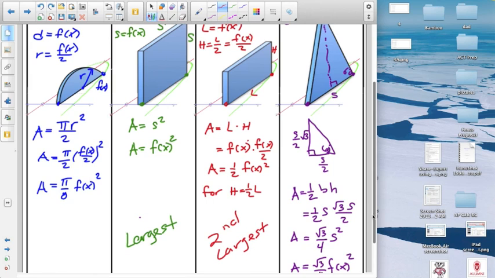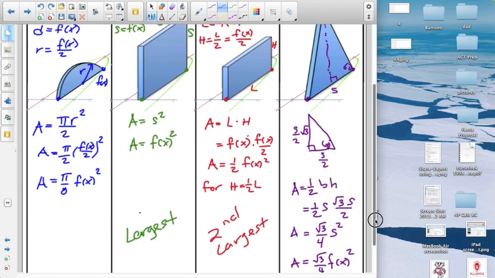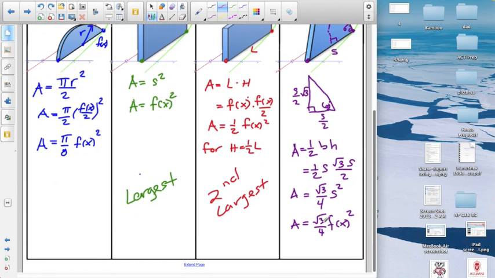That's going to be our second largest volume. And then square root of 3 over 4 is approximately equal to 0.433. So this is about 0.433 f of x squared. So this is going to be our third largest volume.